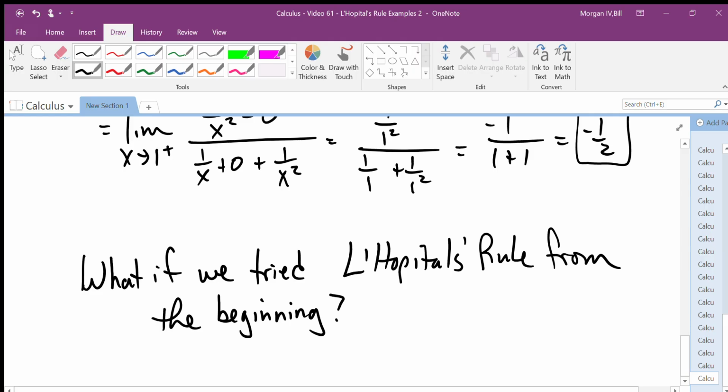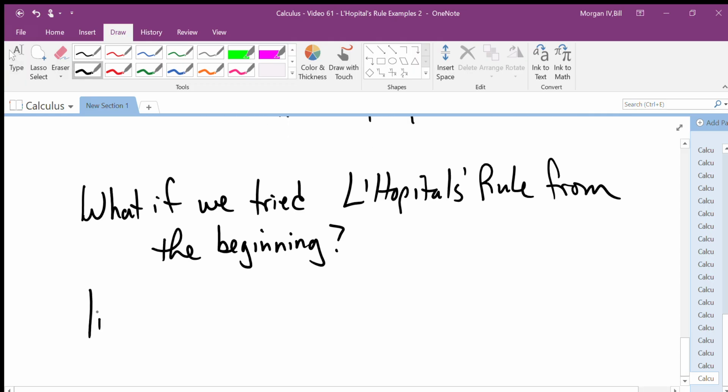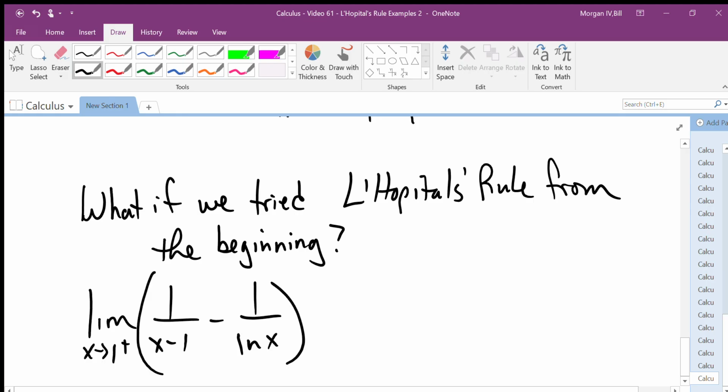In other words, what if we didn't put it into the 0 over 0 form or infinity over infinity form, but we just have the infinity minus infinity form? We just had from the very beginning the limit as x approaches 1 from the right of 1 over x minus 1 minus 1 over natural log of x. What if we just did L'Hopital's rule here?